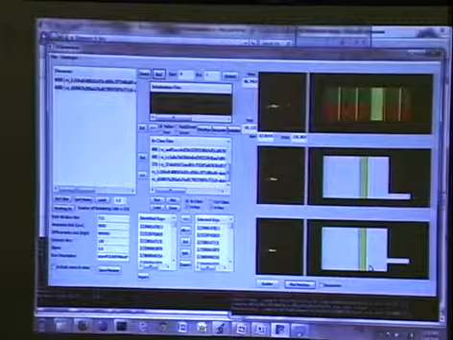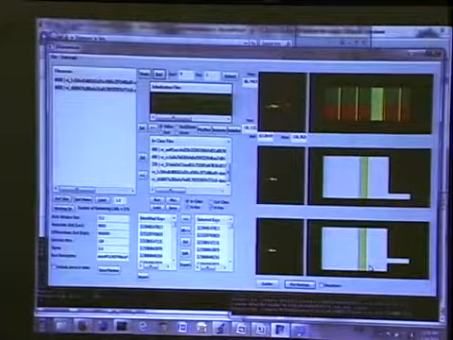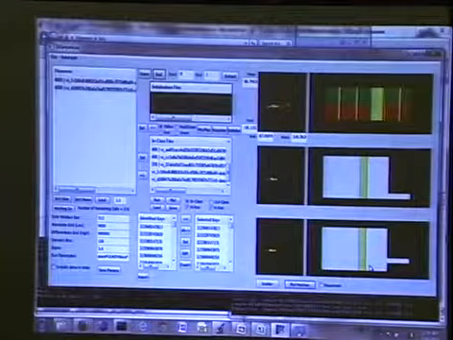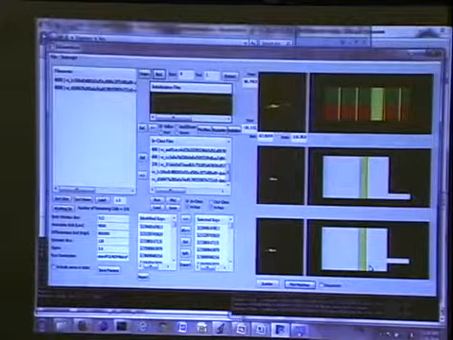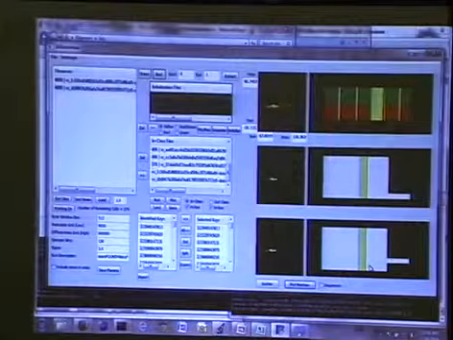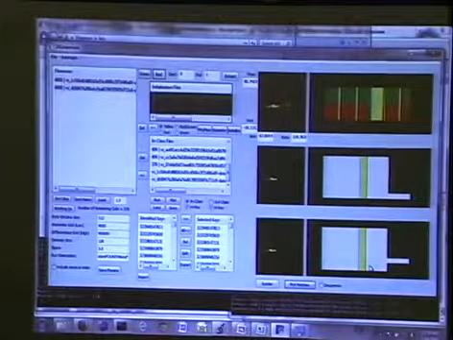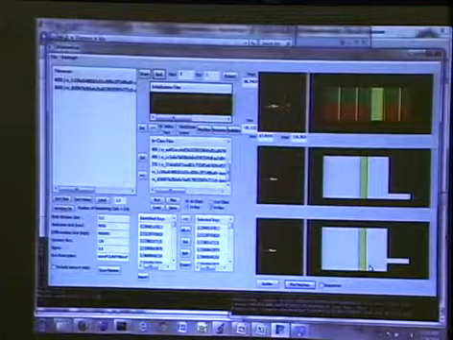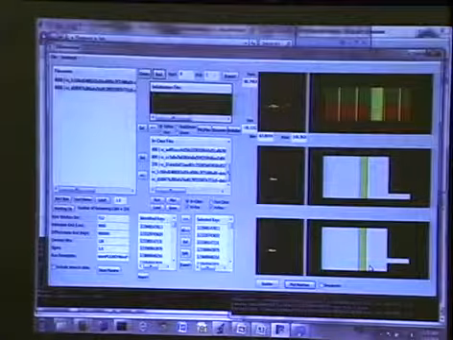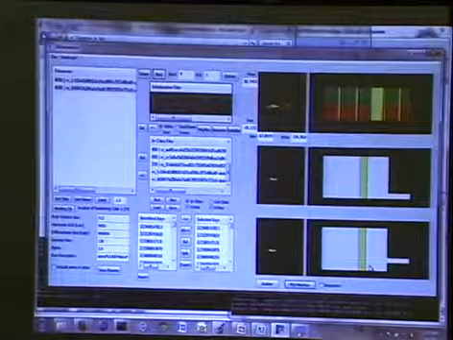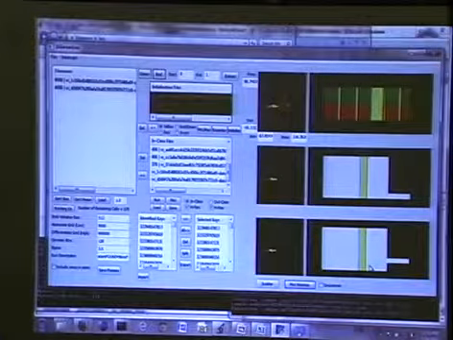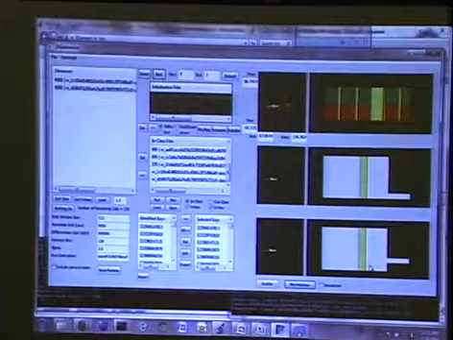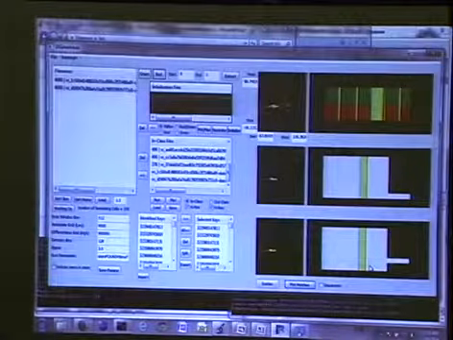Yes, sir. Have you considered offloading some of your data processing to like a Hadoop node for larger library sets? Have you thought about putting most of your processing into a Hadoop cluster for your larger sample sets? Yes. Have we considered offloading our processing to like the cloud or a server of some type? Yes, we have.